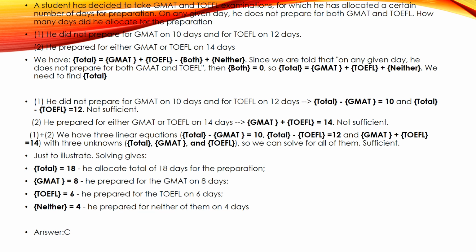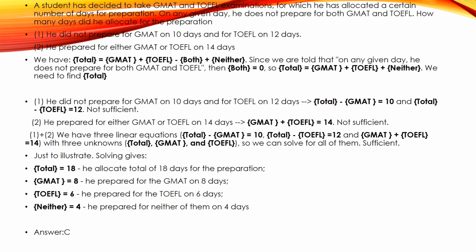We have total is equal to GMAT plus TOEFL minus both plus neither. Since we are told that on any given day, he does not prepare for both GMAT and TOEFL, then both is equal to 0. So total is equal to GMAT plus TOEFL plus neither.